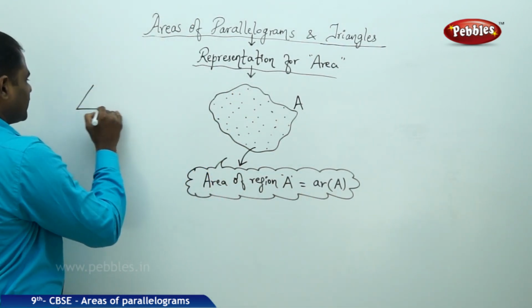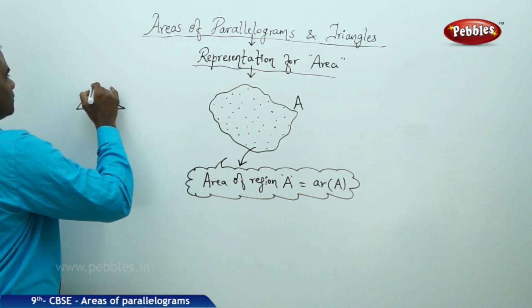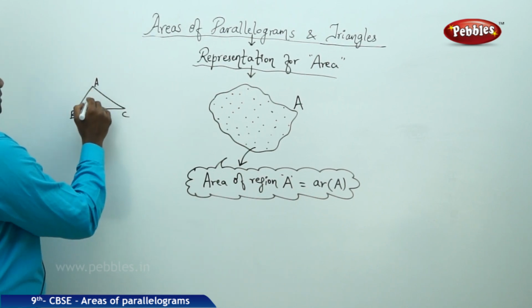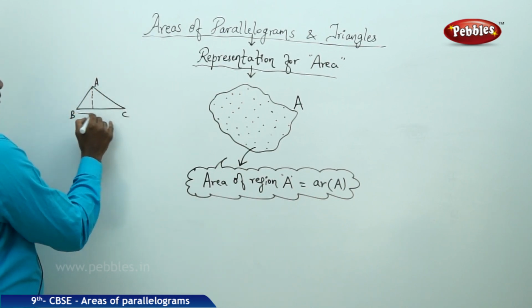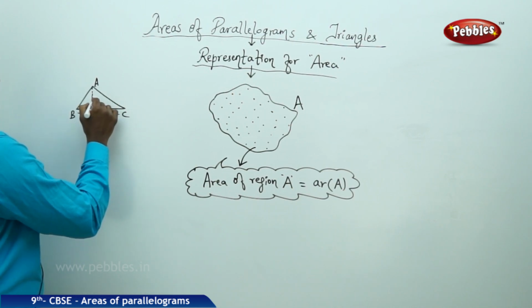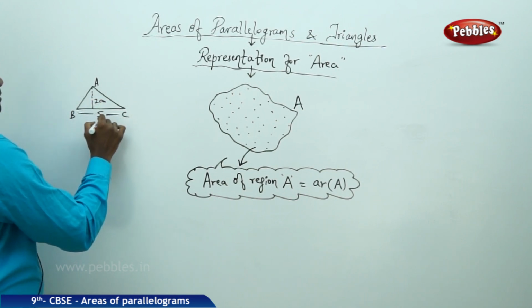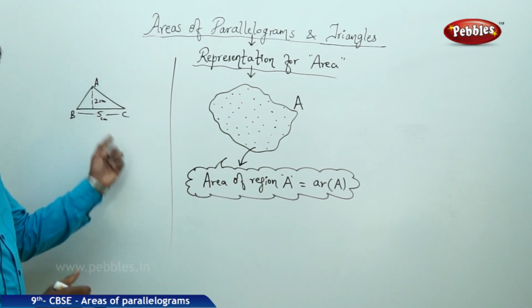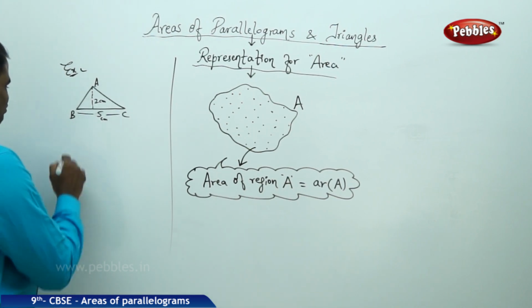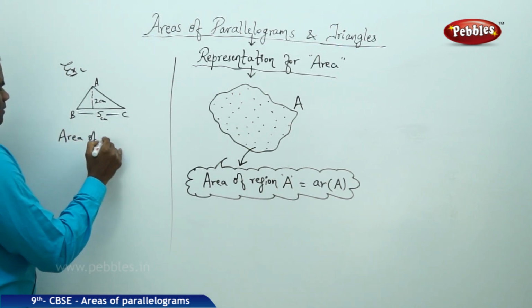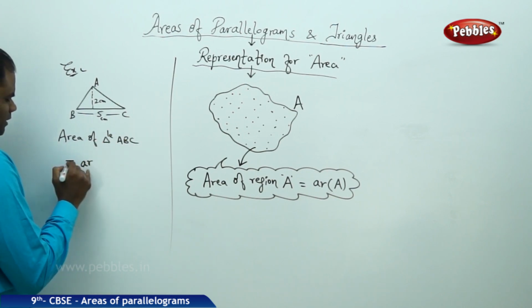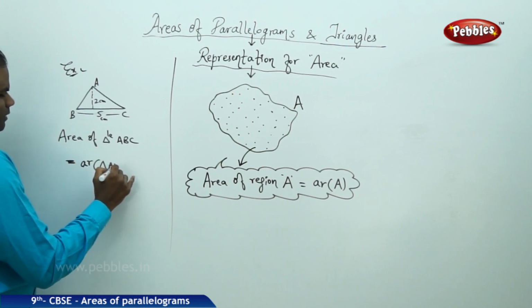Similarly, if I take a triangle ABC and I take the height and the base to be 2 and 5 centimeters, then to find the area of this triangle, for example, with altitude as 2 centimeters and the base as 5 centimeters, the area of triangle ABC is denoted by AR of triangle ABC.